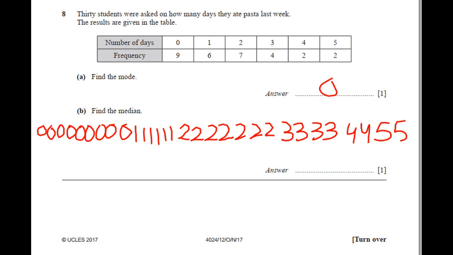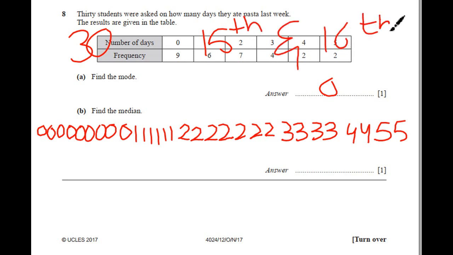Now which value is in the middle? Notice when we have an odd number of values, we have one value in the middle, whereas when we have an even number of values, we have two values in the middle. Same will be the case in this question, because we have 30 students. So in the middle we'll have the 15th student and the 16th student.